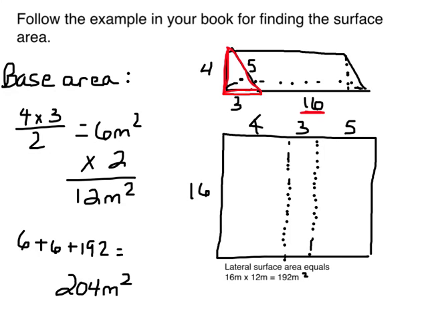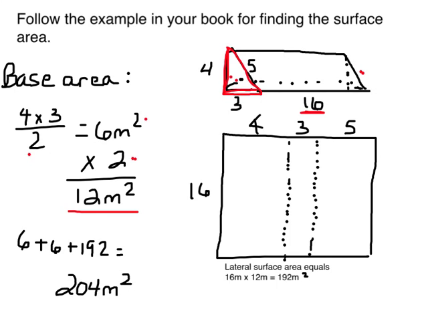So I've got that here, 4 times 3 divided by 2 is equal to 6 meters squared. Now why did I say times 2? Because there's one of those on each end and they're identical. So if I multiply by 2, I get 12 meters squared, and that's the two ends covered.